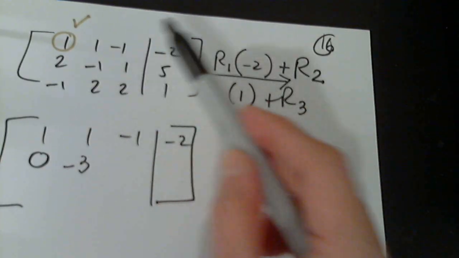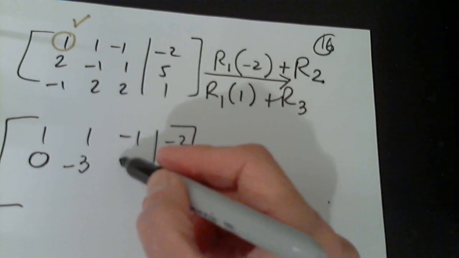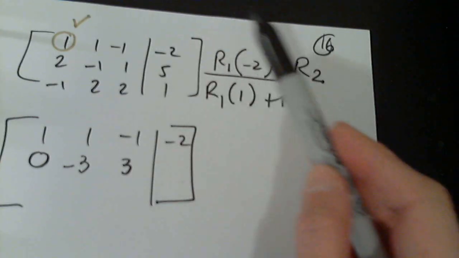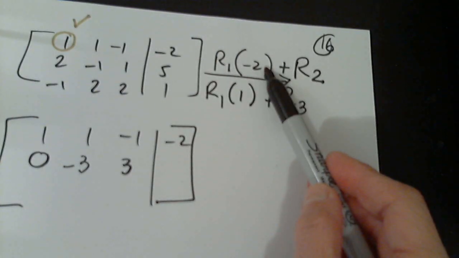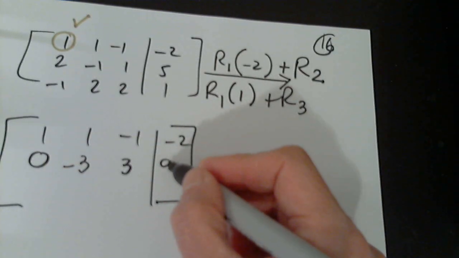Negative 1 times negative 2 plus 1. Negative 2 times negative 2 is 4. 4 plus 5 is 9.